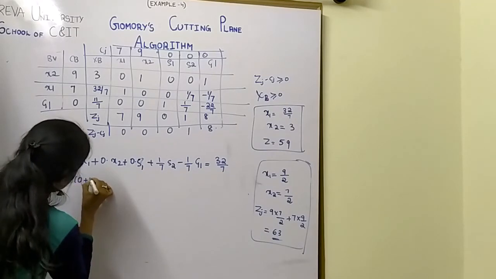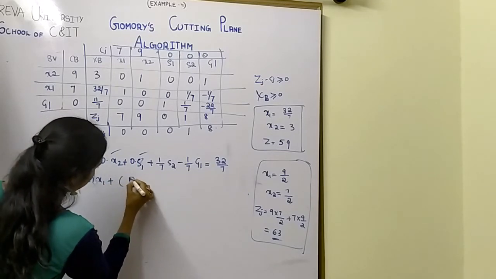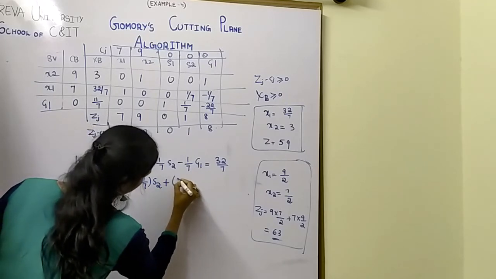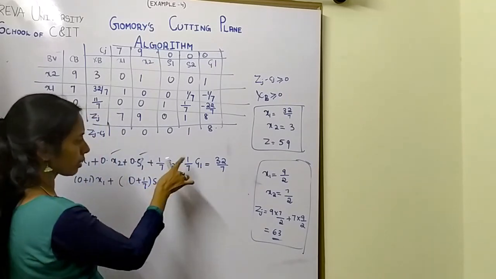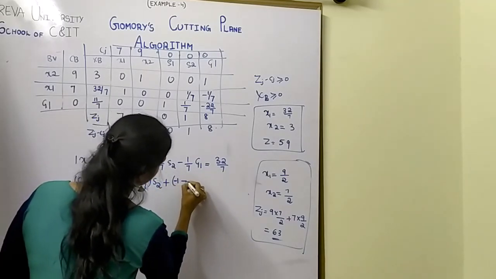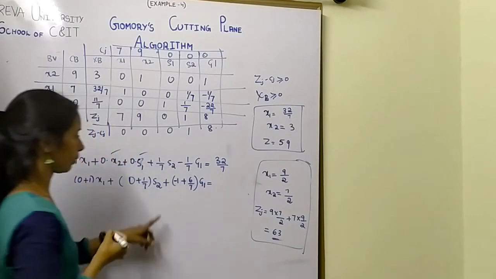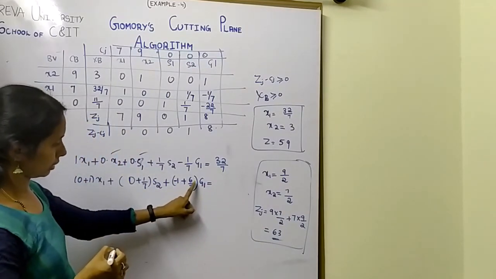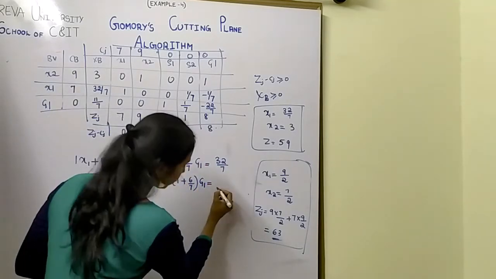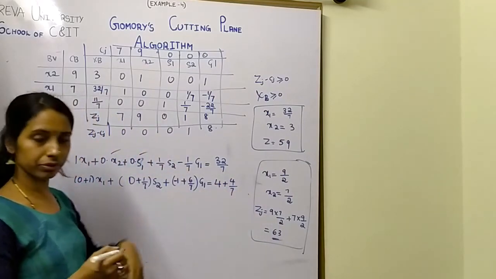So you will get 0 plus 1 into x1, this becomes 0, this becomes 0, 0 plus 1 by 7 into s2 plus... how will you represent minus 1 by 7? This becomes minus 1 plus 6 by 7 g1. Minus 7 plus 6, you will get minus 1. How will you represent 32 by 7? 4 by 7: 28 plus 4 is 32.